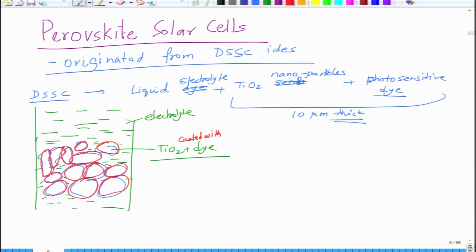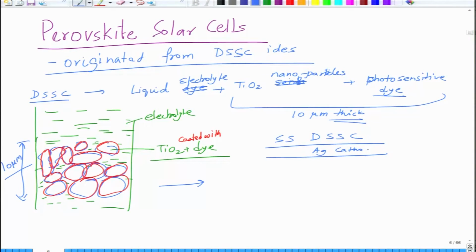This gave rise to a different geometry. People started working on solid state DSSC. This was about 10 micron. People started using a silver cathode with a hole transporter such as Spiro-OMeTAD, which is a hole transporting material.